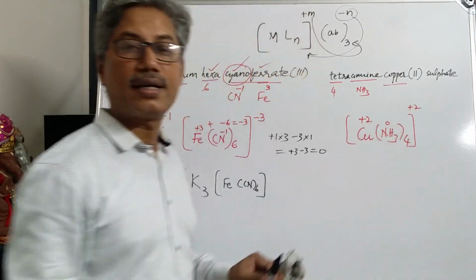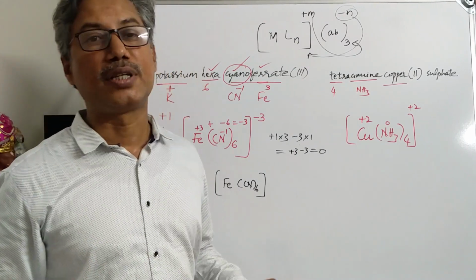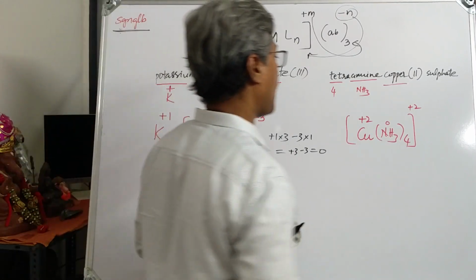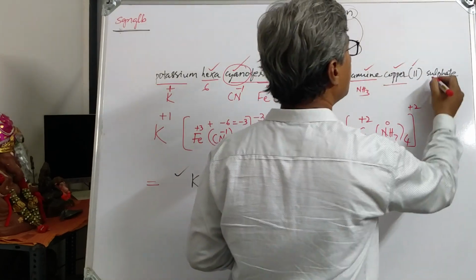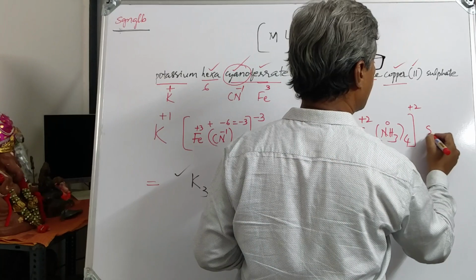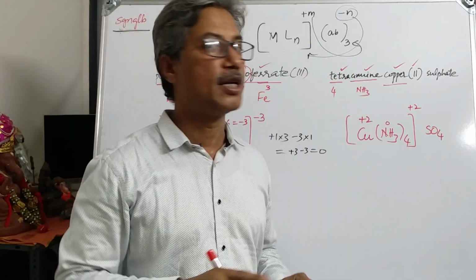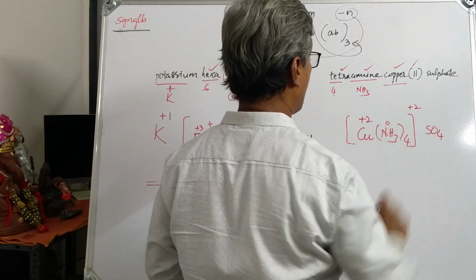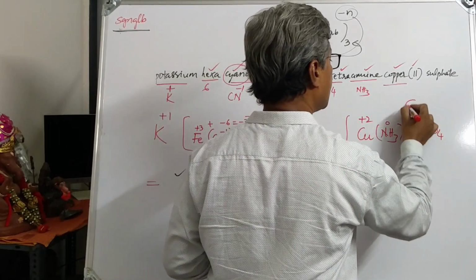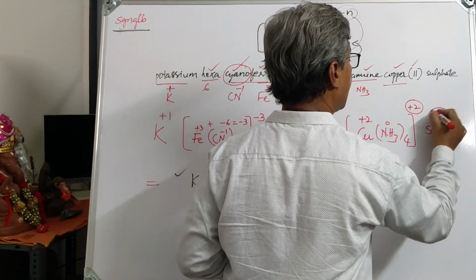That means in this formula, the coordination polyhedra is positive. Therefore, it should be written first. Then this is written, this is written, this is written. Then sulfate is remaining. Sulfate is SO4. Is it necessary to use parentheses here? No, because it is appearing only once. Therefore, this is the formula. Is the charge of the coordination polyhedra equal to the charge of the counter ion?